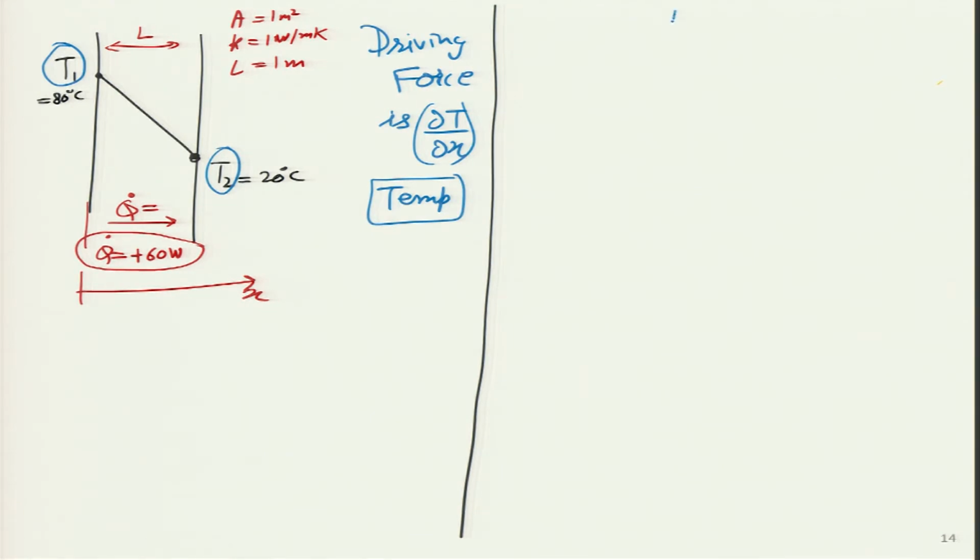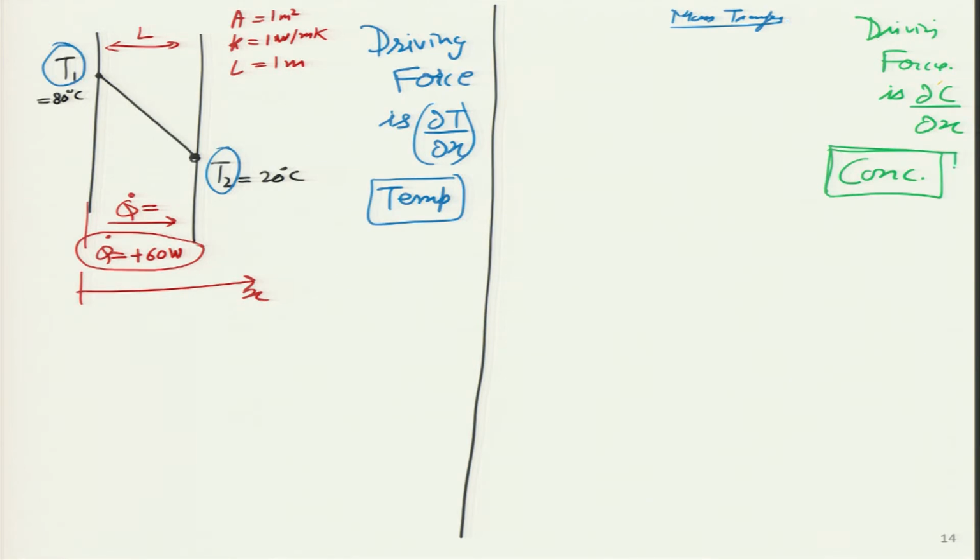If I am talking about mass transfer over here, I can say with surety that the driving force is the change in concentration. So, concentration is the driving force over here.